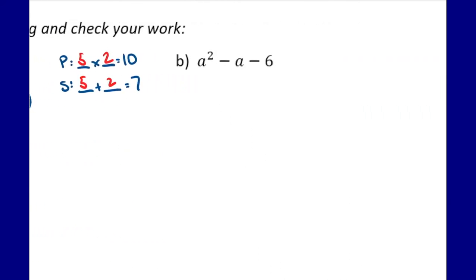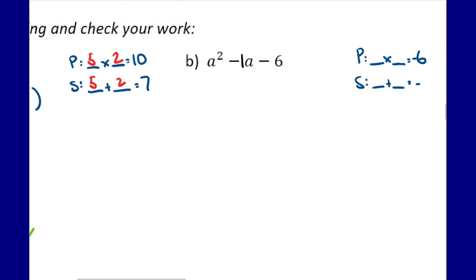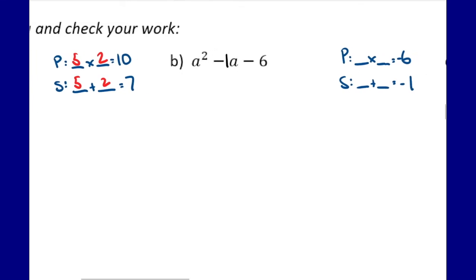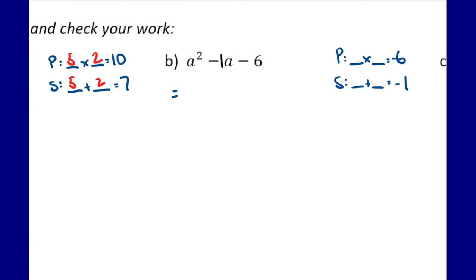For B, same idea. Two numbers that multiply to give me the last number, or negative 6, and two numbers that add to give me the middle one, which is a negative 1. A is my variable. That's going to be what's in the front of my brackets.